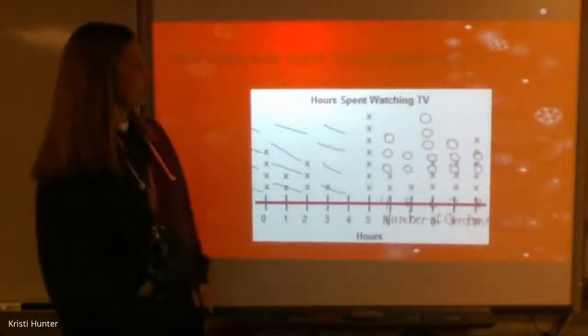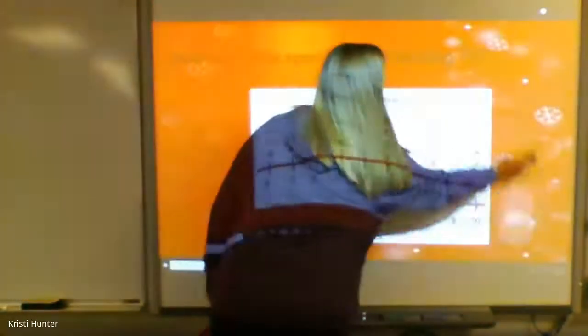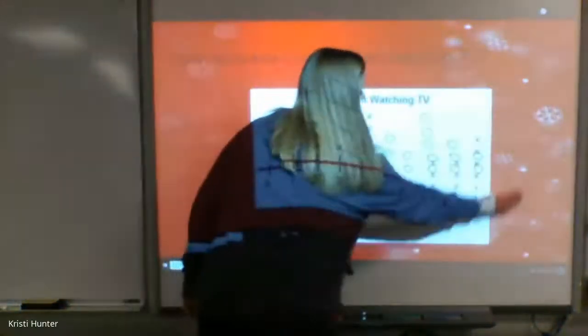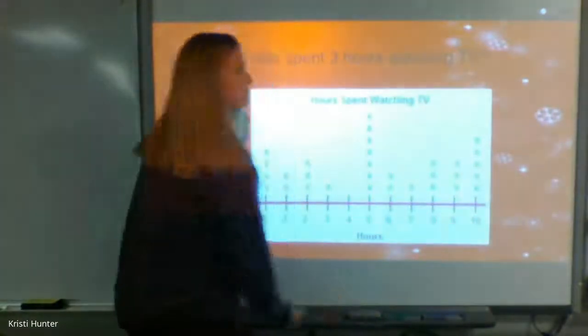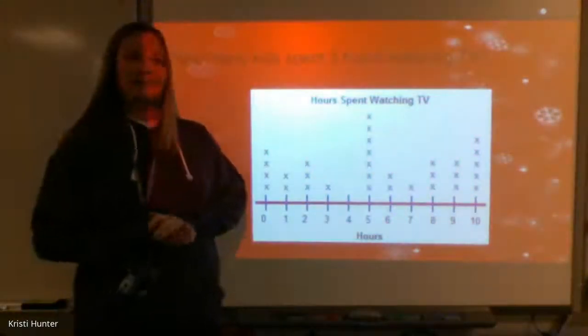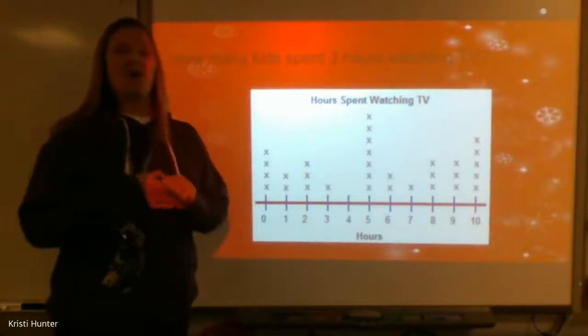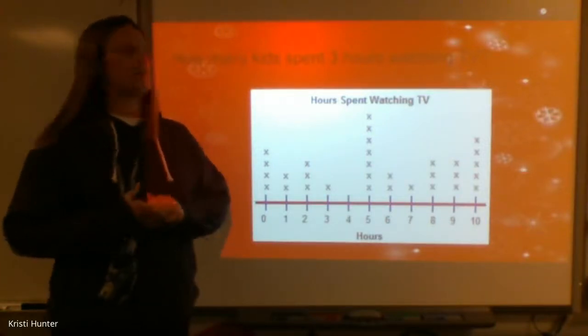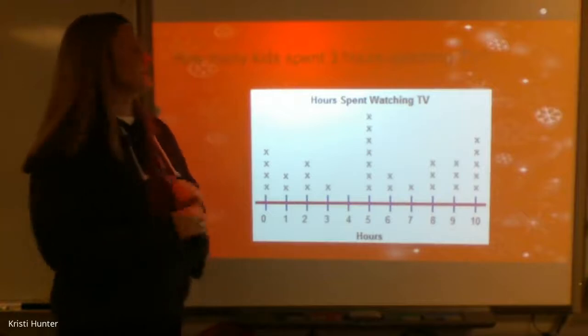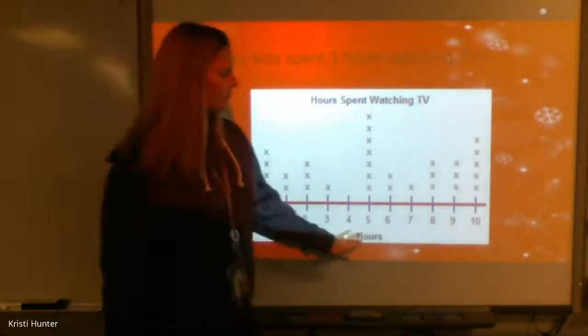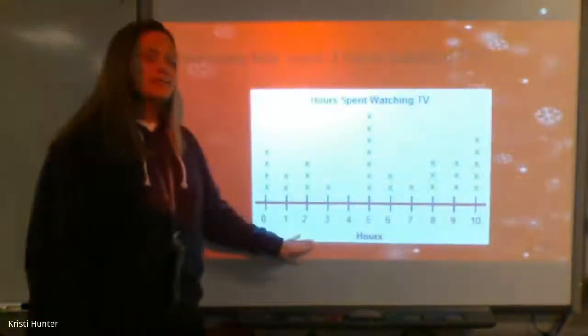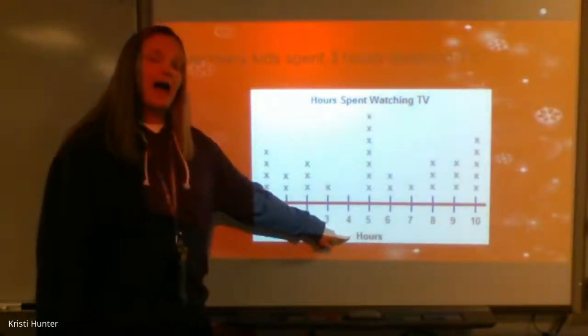All right, so let's take a look here at this line plot. This is hours spent watching TV, something I'm sure we can all relate to right now since it got cold outside. It's not very fun to be outside playing. So we do spend a lot of time watching TV. So notice down here, these numbers tell me the number of hours.